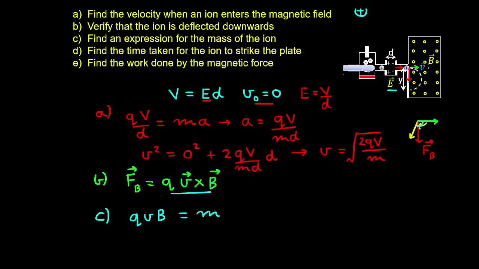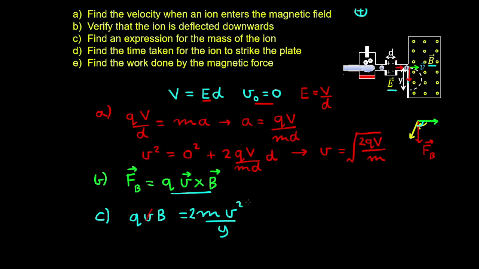So note the magnetic field does not increase the speed of the particle. So the magnitude of the velocity is the same, but only the direction changes. So we have mv squared on the radius of this circular path, which is y on 2. So we end up with 2 on y.